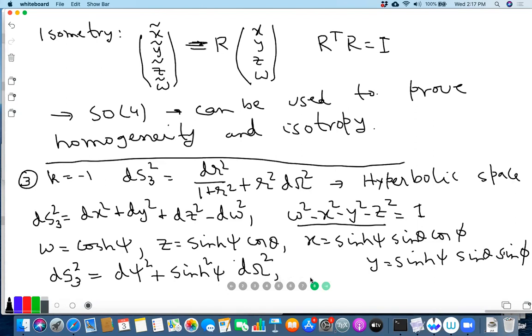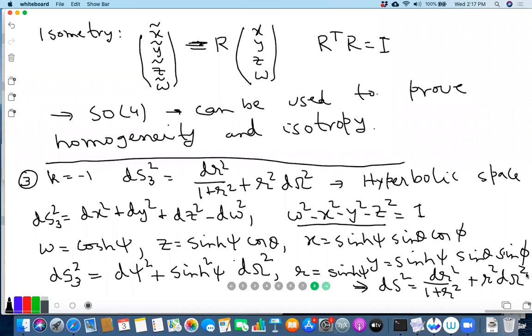Now the change of variable that you make is r equal to sine hyperbolic psi, and this gives ds3 square as dr square over 1 plus r square. You see, 1 plus r square is cos hyperbolic square psi, and dr square is cos hyperbolic square psi d psi square. So this cancels and you get back d psi square. And sine hyperbolic psi is just r, so you get r square d omega square.